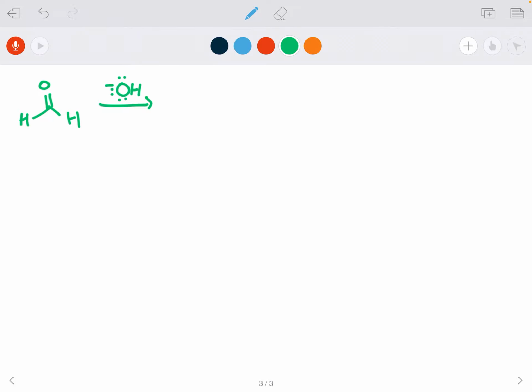So we don't need to protonate the carbonyl oxygen before the nucleophile attack, since now we have a strong nucleophile. So the hydroxide comes in, and then this time the protonation, we're again in equilibrium here, so I want to make sure we know that.